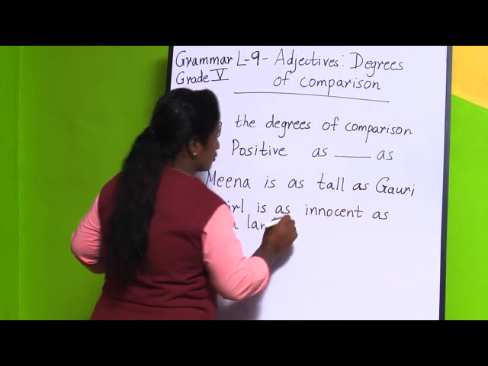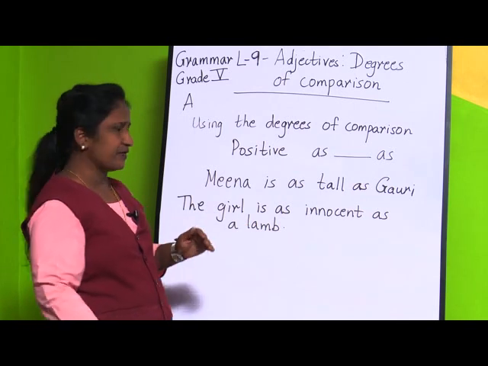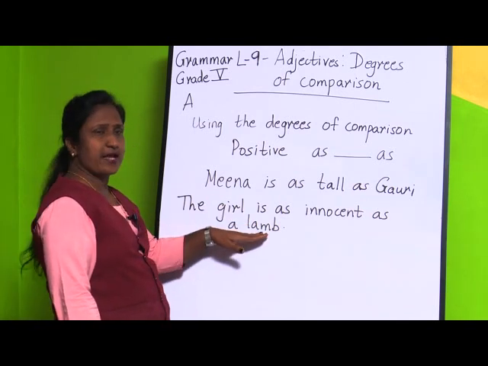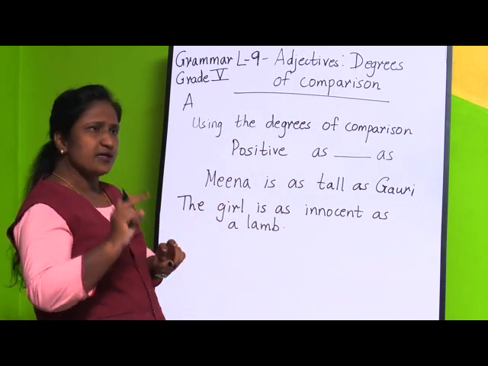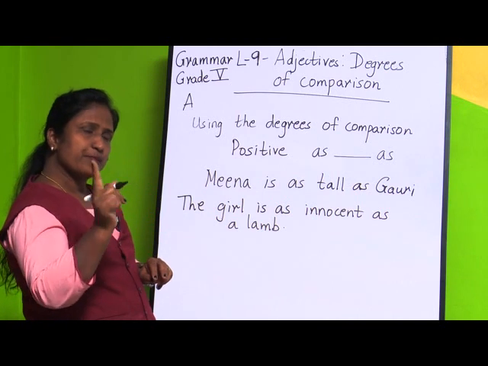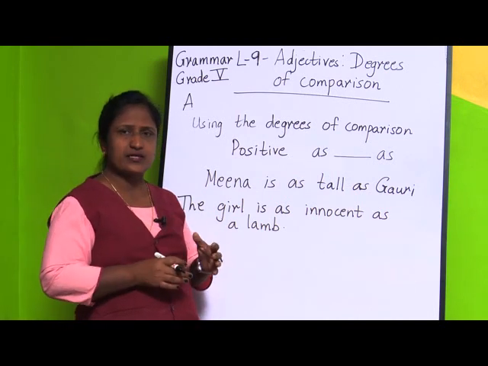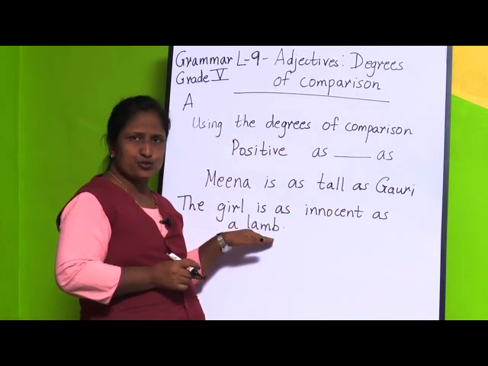Here we are going to show the equality of a person and an animal. Here we are talking about the equality of the girl and the lamb, that they both are innocent. They both are innocent, meaning they have one quality. These two persons or two animals or two things have one quality in them. The girl is also innocent, the lamb is also innocent.